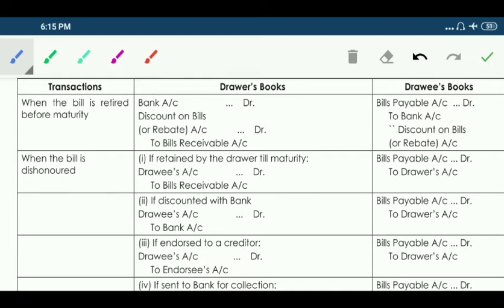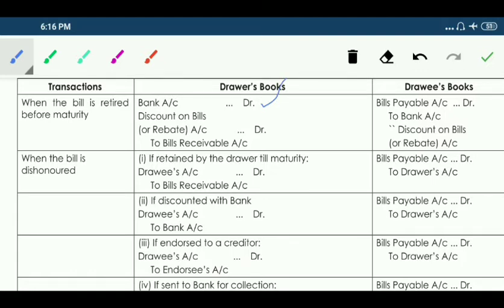So what is the reason behind this entry? We can discuss. For example, the bill amount is 10,000 rupees. Before paying, we allowed a rebate of 200 rupees. So now we collect 9,800 rupees, bank account debited because of the real account rule.